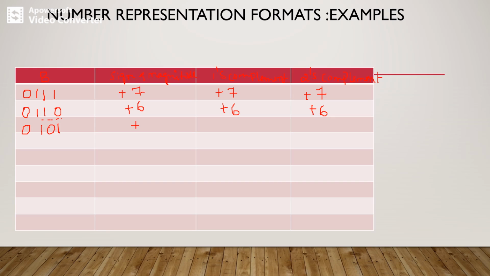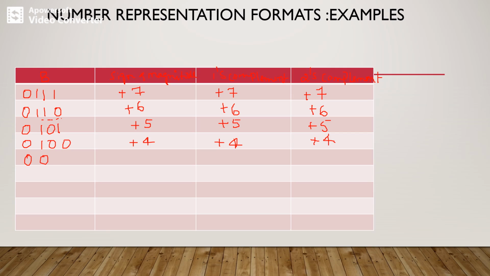So that is plus 5, plus 5, plus 5. So next we can consider 0, 1, 0, 0. So that is plus 4, plus 4 and plus 4.